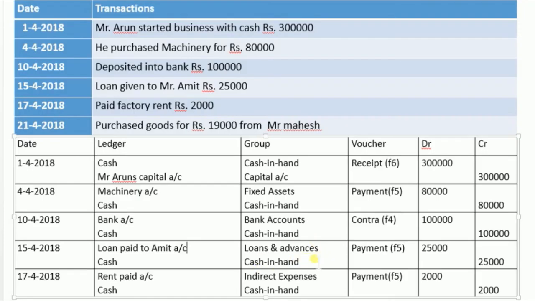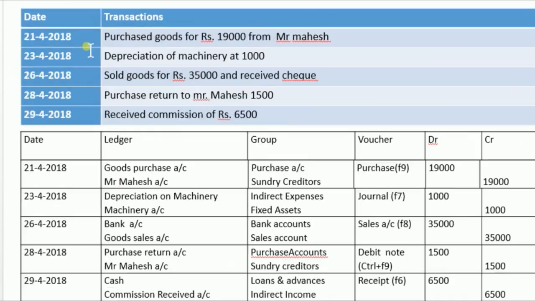When we are giving loan to others, you have to take it as loans and advance. Then cash in hand. Voucher is payment, debit 25,000, credit 25,000. 17/4 paid factory rent rupees 2,000. Rent paid account, cash. Rent paid account indirect expense, cash in hand. Payment F5, 2,000 rupees debit, 2,000 rupees credit.